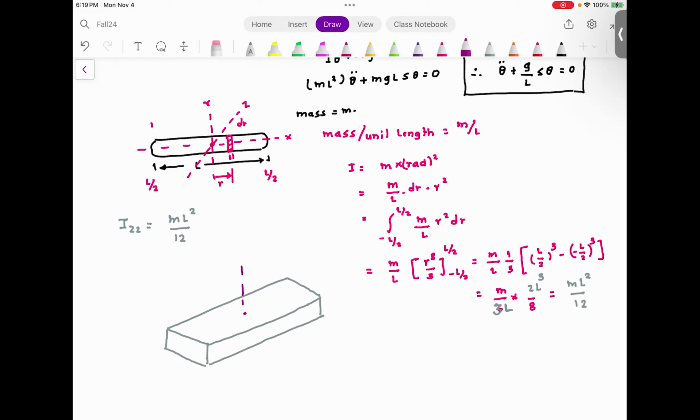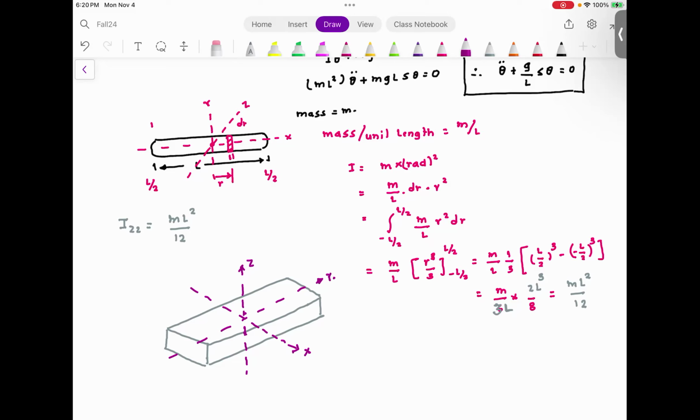I'm going to call this z, this x, and this y.